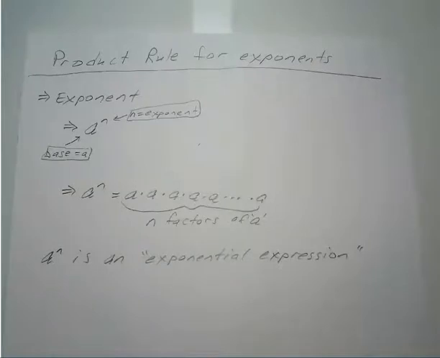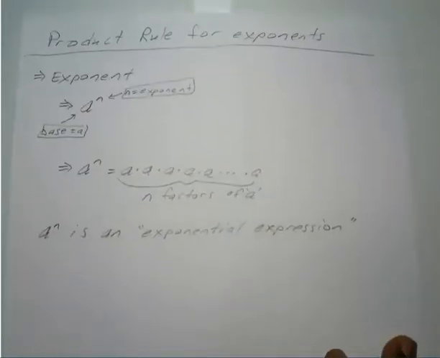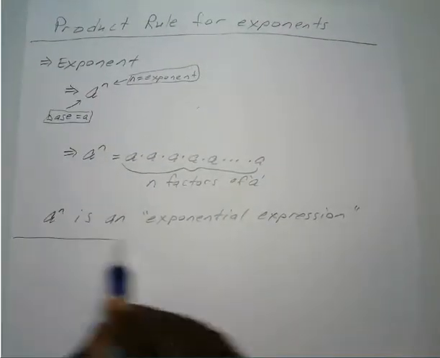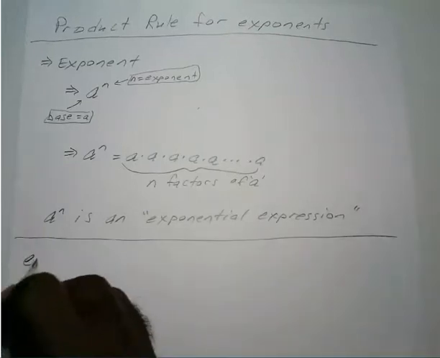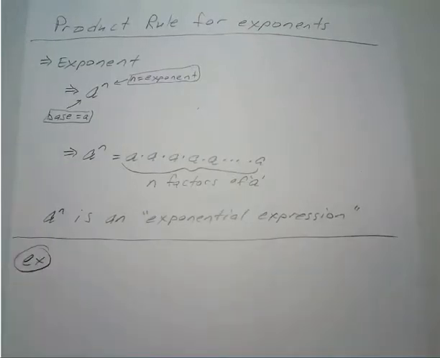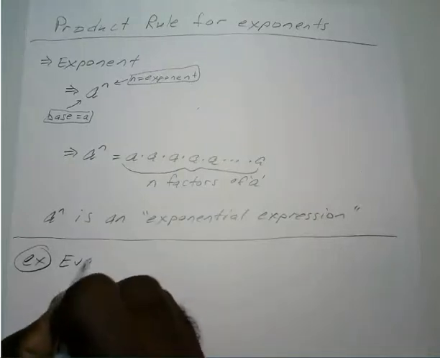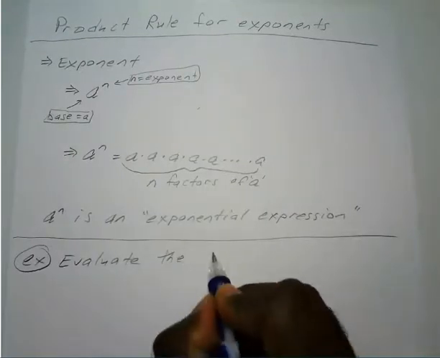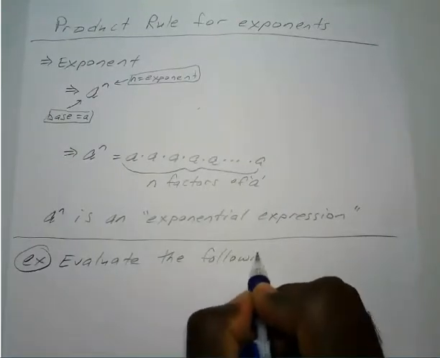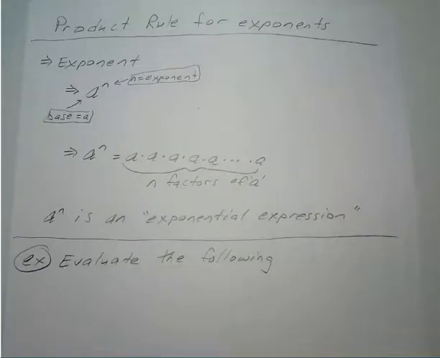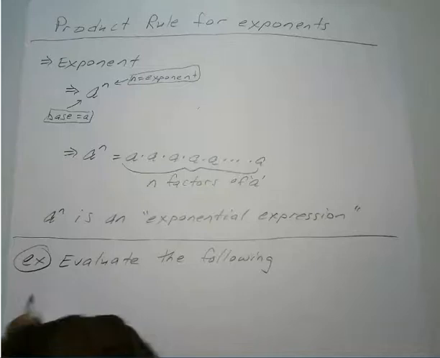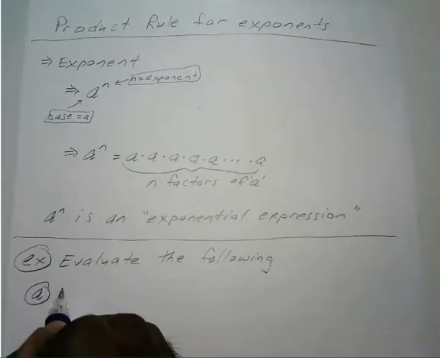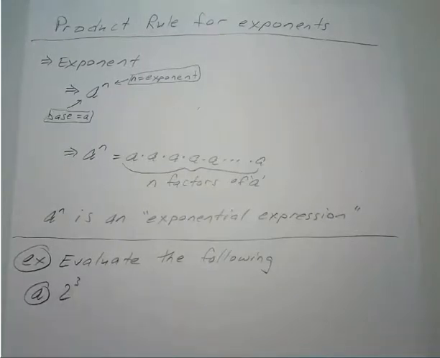Okay, so let's go to a couple of examples. Let's say, for example, you wanted to evaluate the following. Let's say for problem A, you have 2 to the third power.